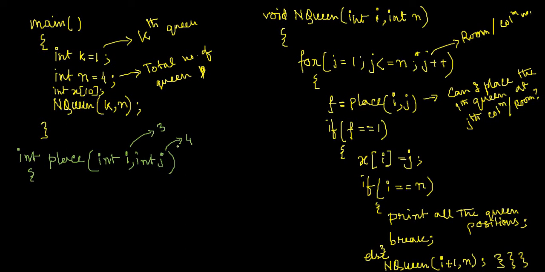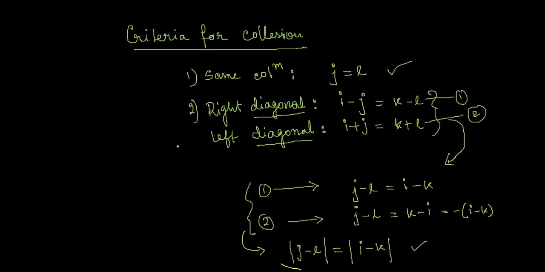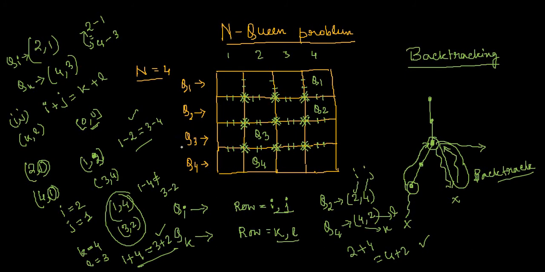What are you actually doing? You will check the cell (3,4). That means if you want to place the third queen in the fourth column, you want to place it over here. And if you want to place it over here, you have to check the other queens, is there any collision with this third queen or not?